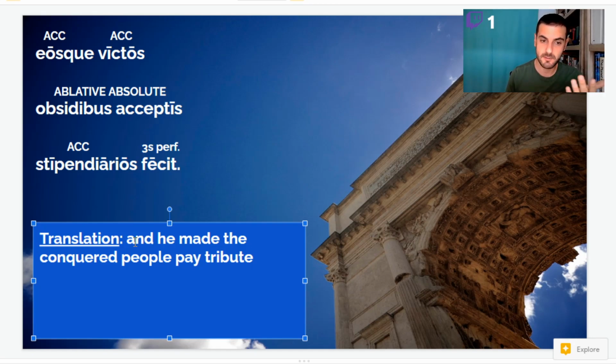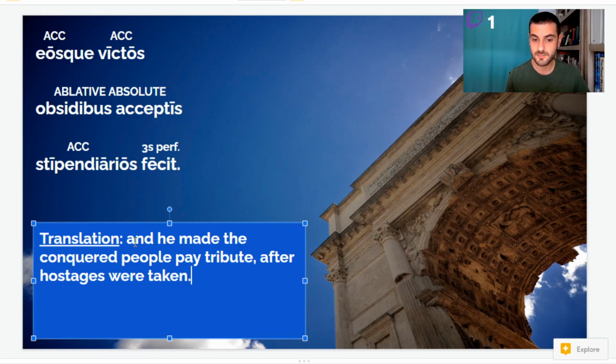And then we have the ablative absolute. After obsides are hostages, right? So after hostages were taken. And this sounds like a criminal situation, but this is how negotiations would happen. Either side would offer up hostages. And the only reason you do that is not because you're trying to ransom them back.